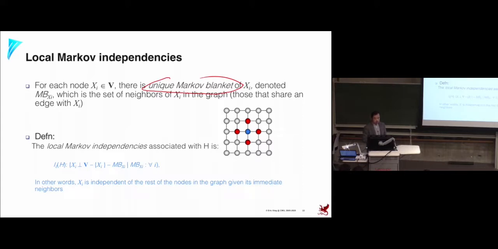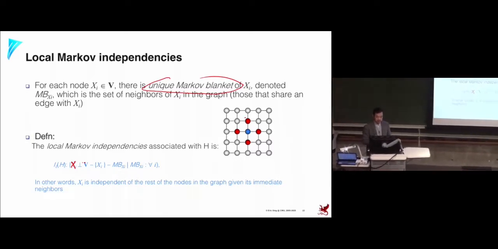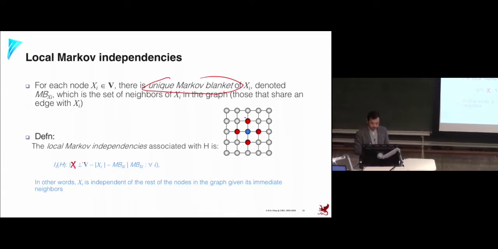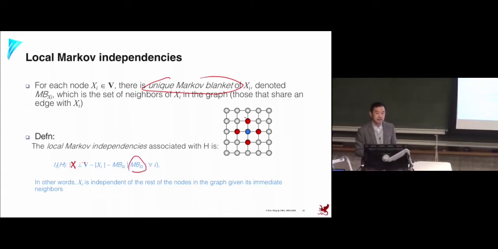And then local Markov independence says that the node of interest is independent of everything other than the neighbors and the node itself, basically all this white stuff, given the Markov blanket. So it's very intuitive.